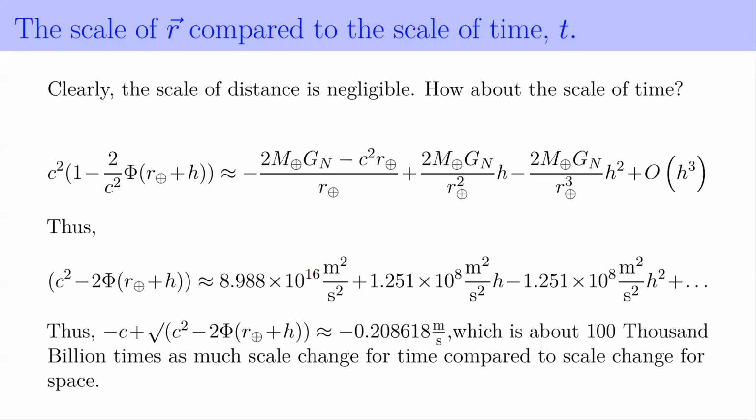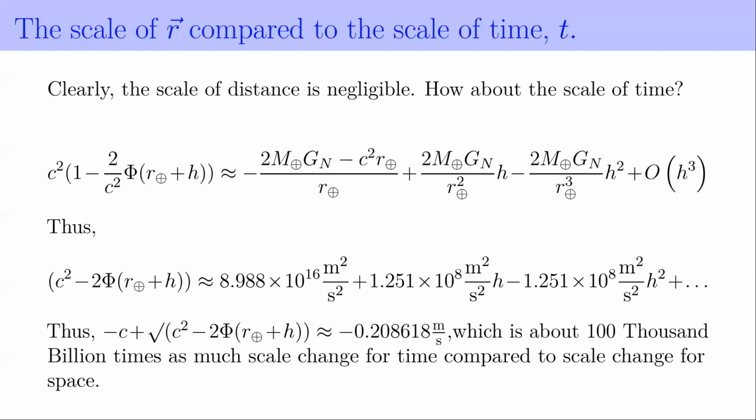It's not about time. But in general relativity, the metric, just as it is in special relativity, mixes space and time. Proper time is a function of both.